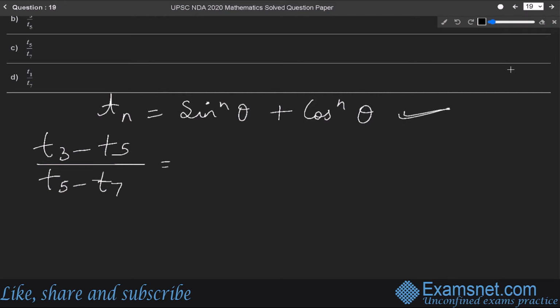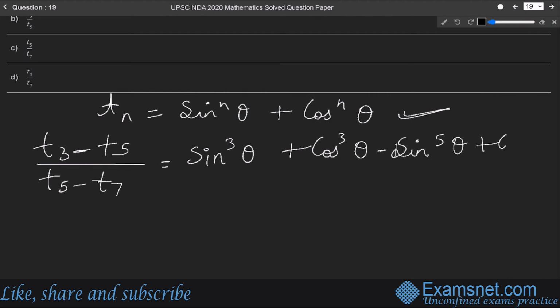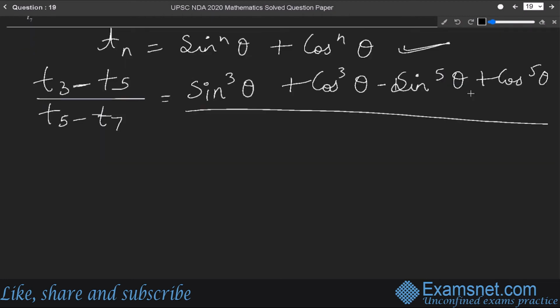So for T3 it will be sin 3 theta plus cos cube theta, minus, because it is T3 minus T5. T5 will be sin 5 theta plus cos 5 theta upon, now can you tell me what will be the value for T5 minus T7?